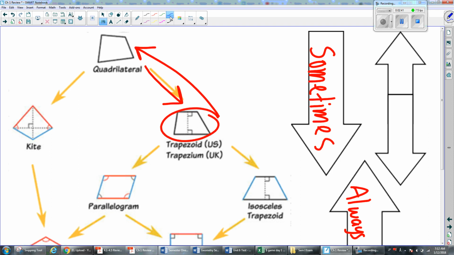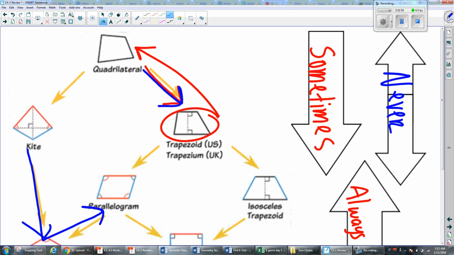If I started at a kite, went down, then up to a parallelogram, moving up and down is never true. So a kite would never be a parallelogram. A quadrilateral would sometimes be a trapezoid. A trapezoid would never be a quadrilateral.